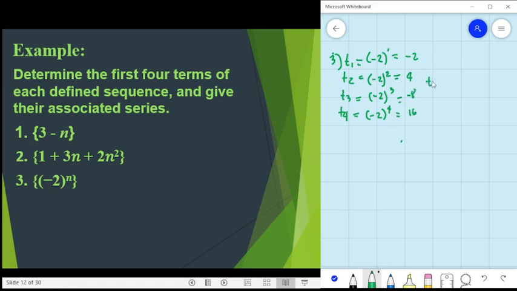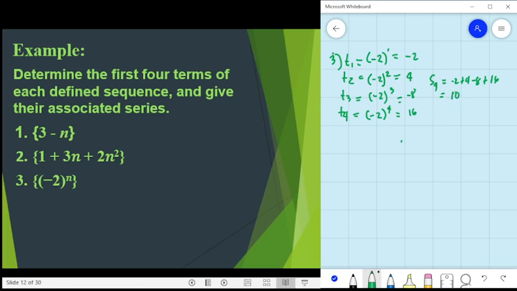So in this case, our S sub 4 is equal to negative 2 plus 4 minus 8 plus 16. That is 4 plus 16 is 20. Then negative 2 plus negative 8 is negative 10. So 20 minus 10 is 10.